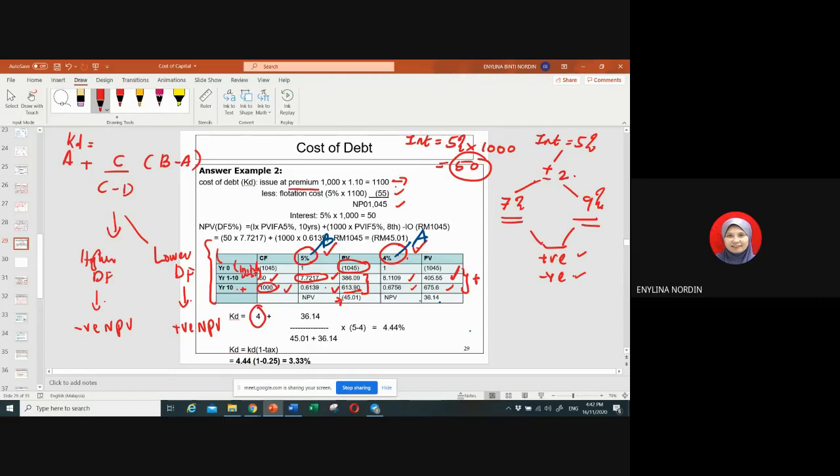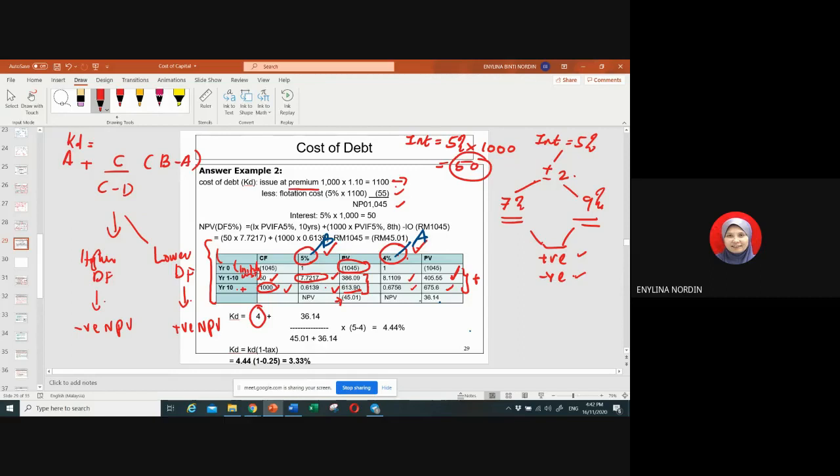And then you subtract the cost or the price of the bond paid by the investors. This is the amount that the bondholders pay to the company. But the company will receive the net price, and that's why we subtract the price of the bond with the flotation cost.